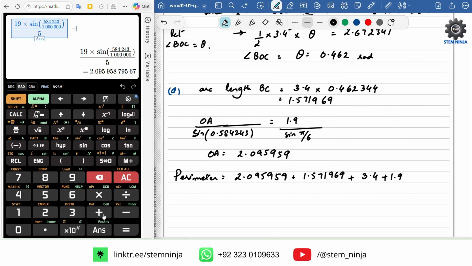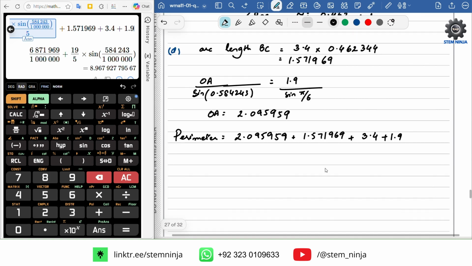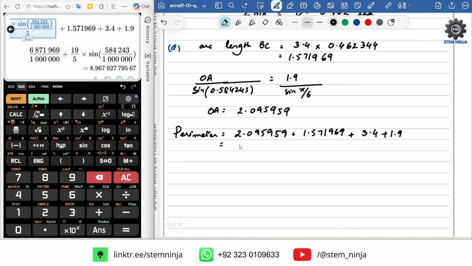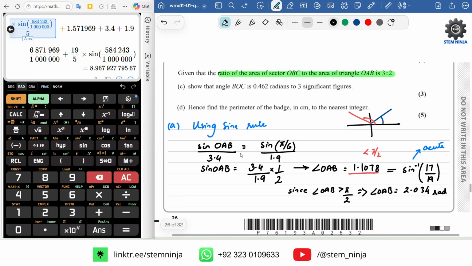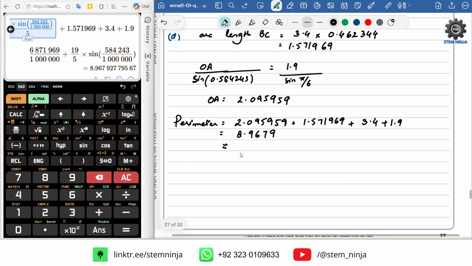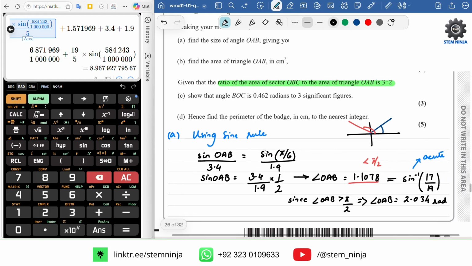Okay, so this plus 1.571969 plus 3.4 plus 1.9. So you get 8.9679. So correct to the nearest centimeter, they said, right? To the nearest integer. So 9 centimeter. Okay, so that's it. 9 centimeter.